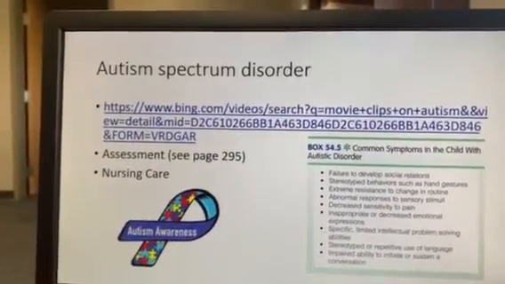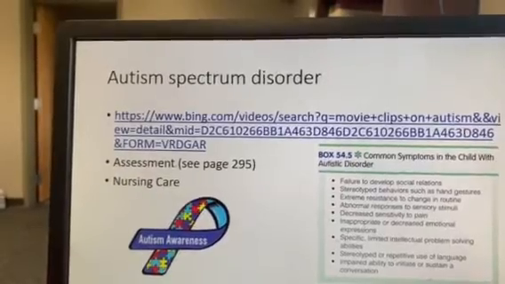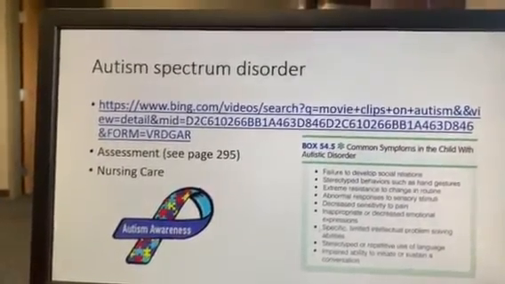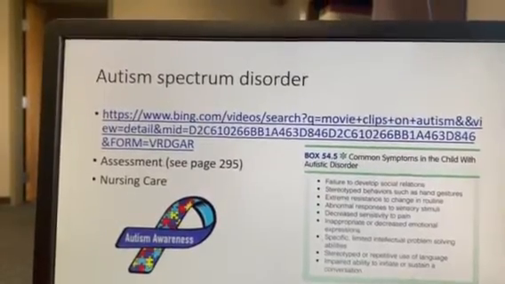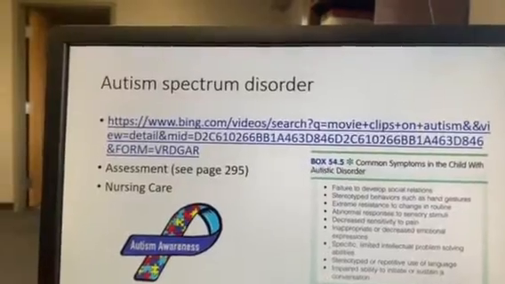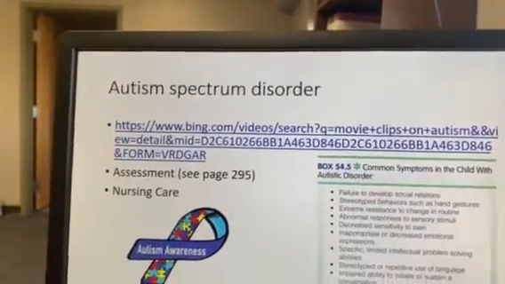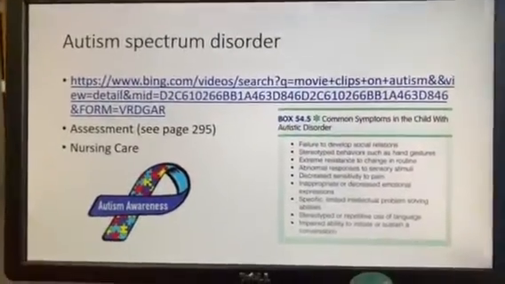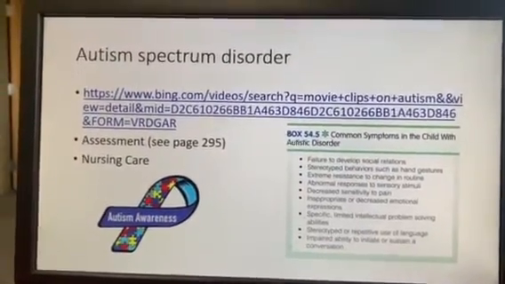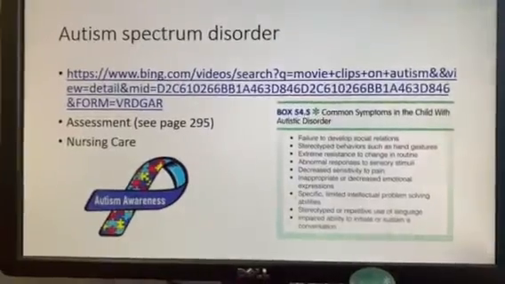Signs and symptoms: delay in one or more of the following: social interaction, communication, and imaginative play prior to the age of 3. It's important to note that changes in routines are stressful for children with autism.